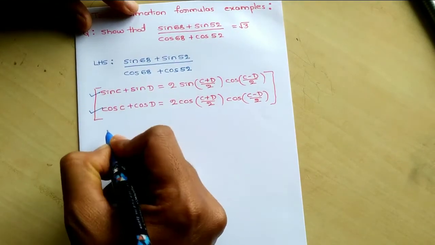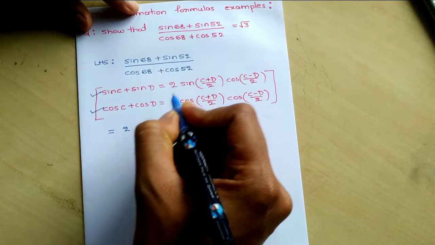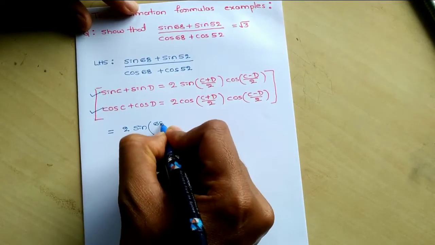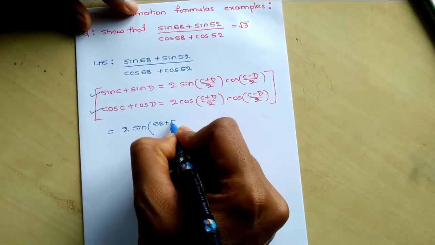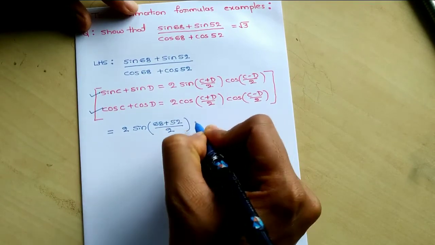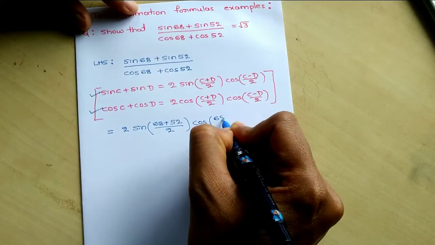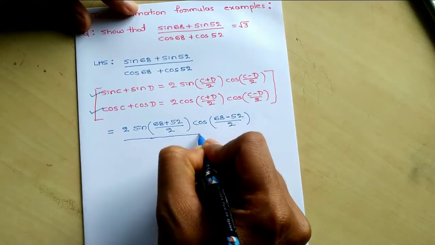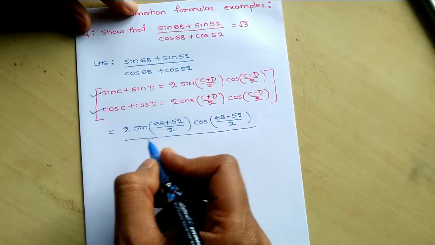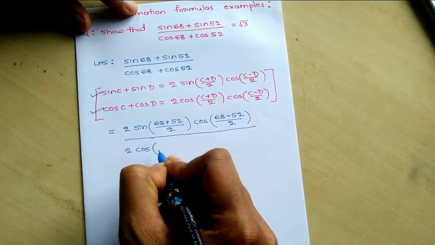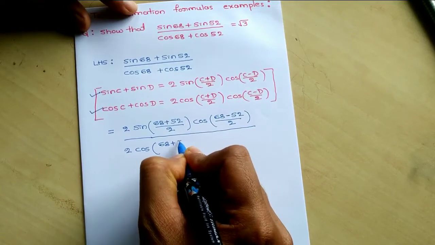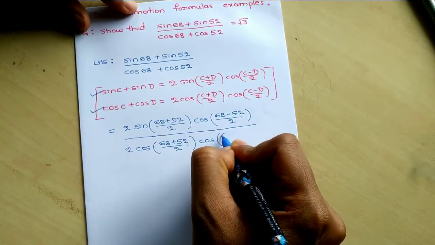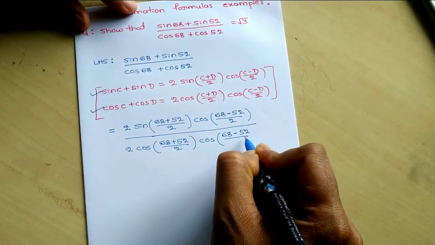So applying, it is 2 into sin((68 plus 52) divided by 2) into cos((68 minus 52) divided by 2), divided by 2 into cos((68 plus 52) divided by 2) into cos((68 minus 52) divided by 2).